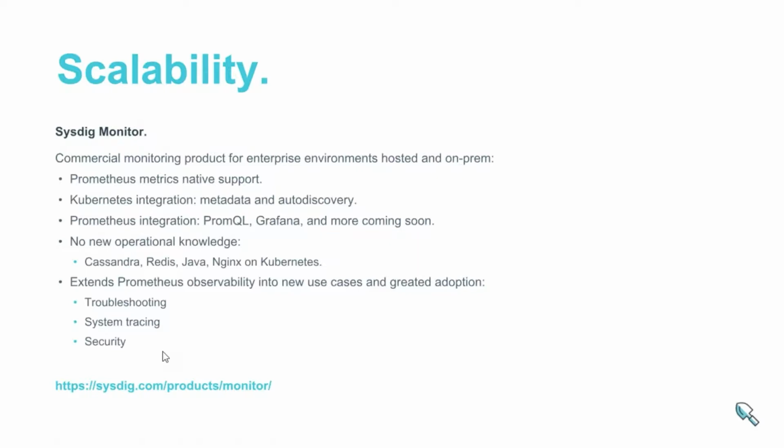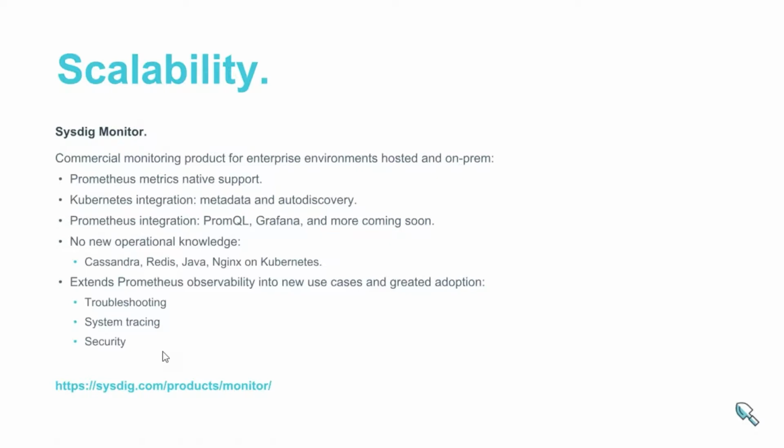The difference here is that you don't need the operational knowledge to run Sysdig Monitor if you're running it in-house, because it has a very popular stack working behind the scenes: Cassandra, Redis, Java, Nginx. These are very popular technologies that probably most organizations know how to run properly.